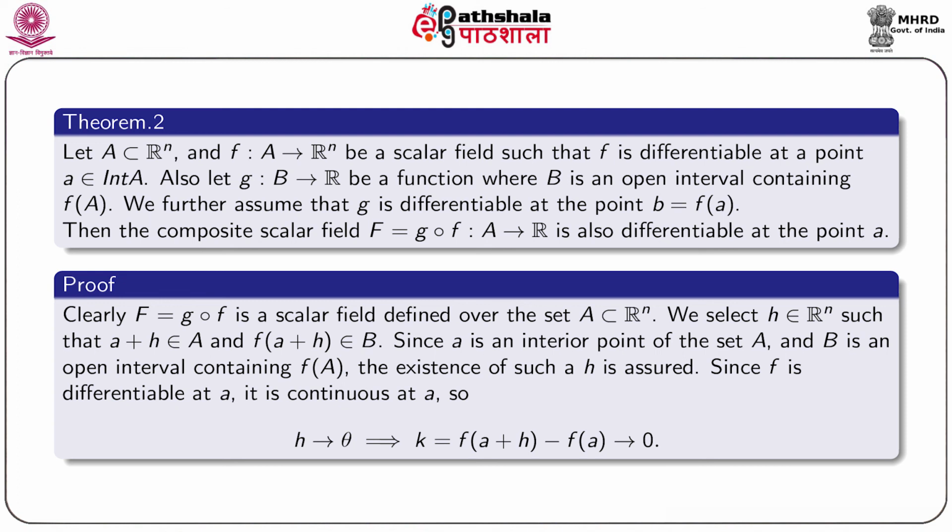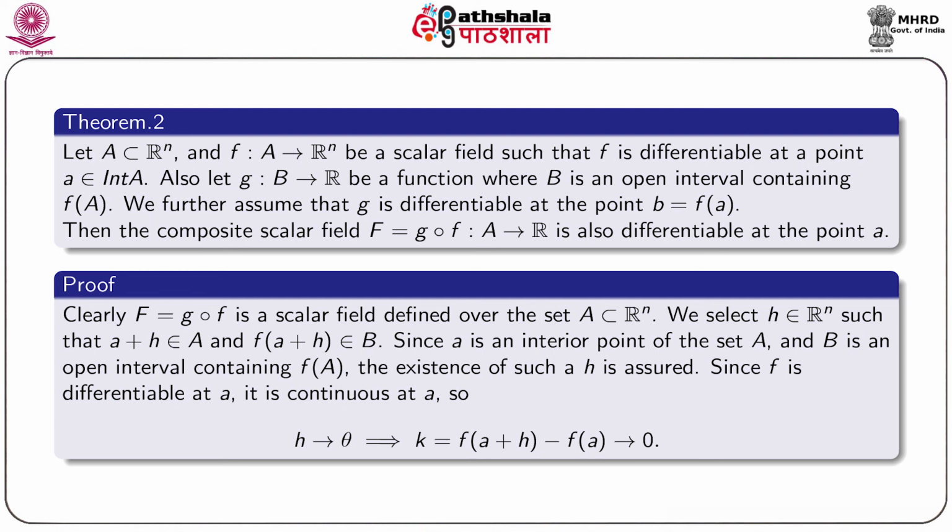After some time, we shall show this in a diagram. Let us start the proof. Clearly, F defined by g composed with f is a scalar field defined over the set A, a subset of R^n.